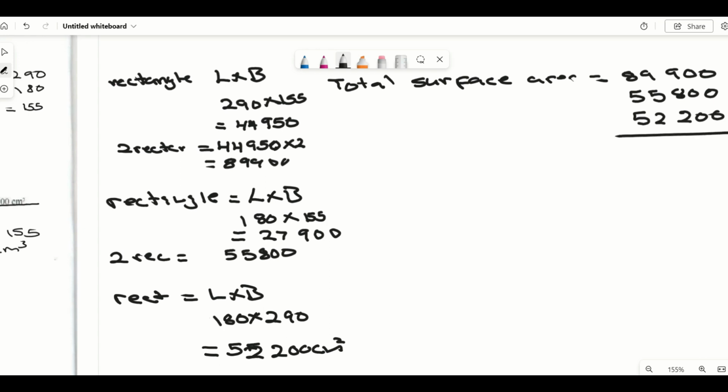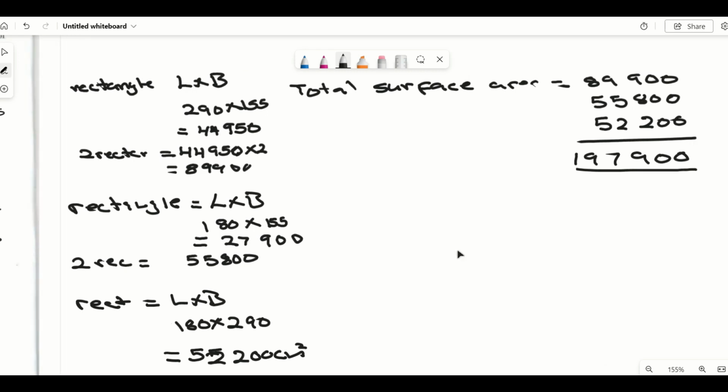Right, so let's add it up. 52,200 plus 55,800 plus 89,900. When you add this all up, you're going to get 197,900. So you're going to get 197,900 cm cube for paint.